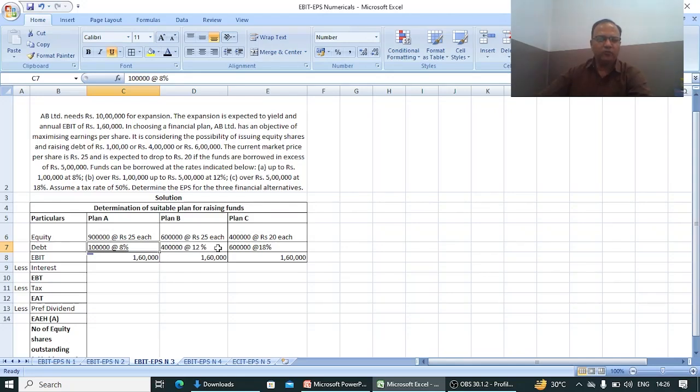If we collect rupees 4 lakh, then we will give interest at 12% on the whole amount. Whole means whole 4 lakh rupees. And whenever we are collecting rupees 6 lakh at the rate of 18%, then the amount which we have to pay will be 18% on 6 lakh rupees.